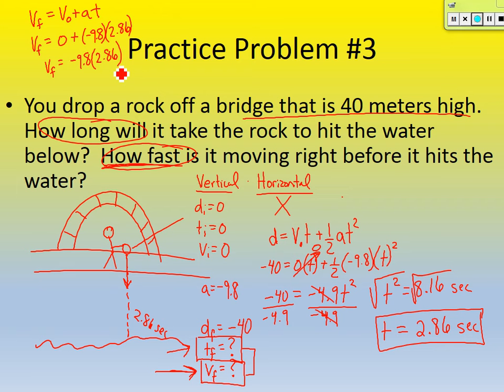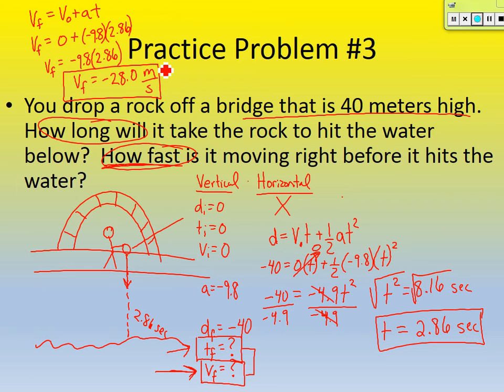So let me put that in the calculator. So negative 9.8 times 2.86. And I'm getting that velocity final is equal to a negative 28.0. And the units for velocity are meters per second.